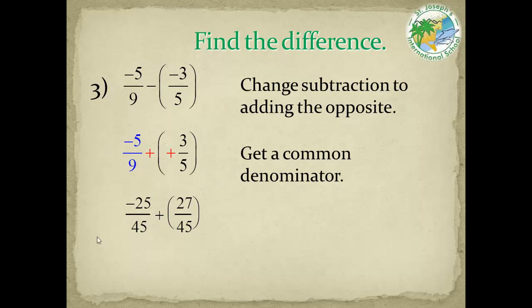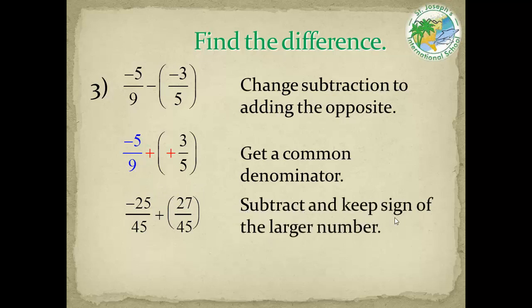Now we can add two fractions with equal denominator 45. Negative 25 plus 27. Now we have different signs, but the greatest number is positive. Then we subtract and we take the positive sign. Subtract and keep the sign of the larger number. Which is the larger number? 27. Then equals 2 over 45.